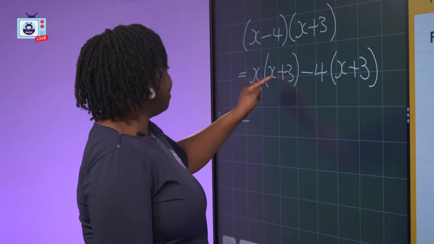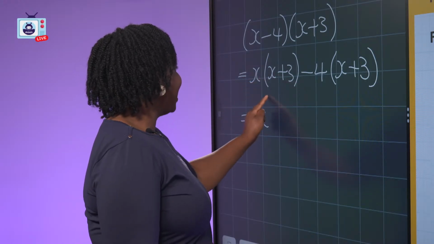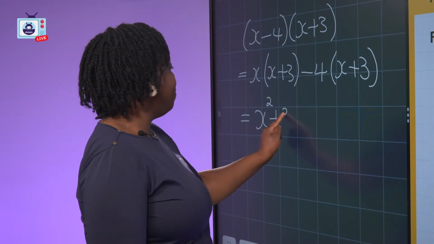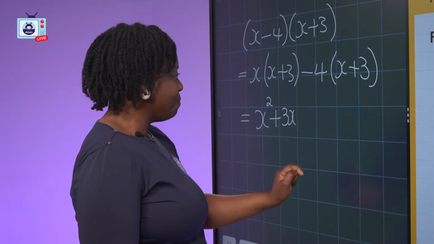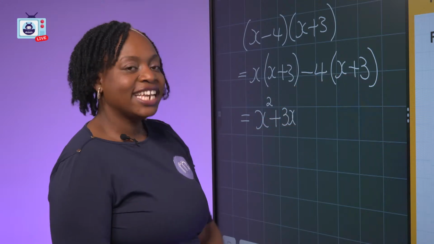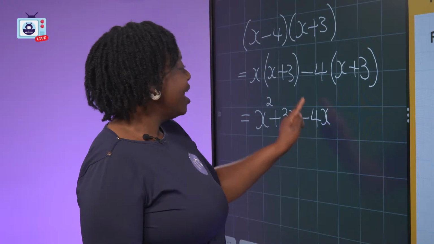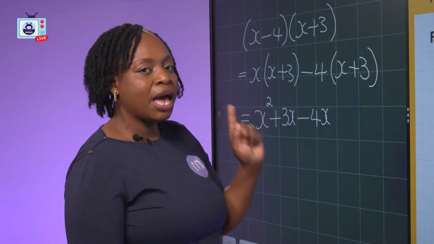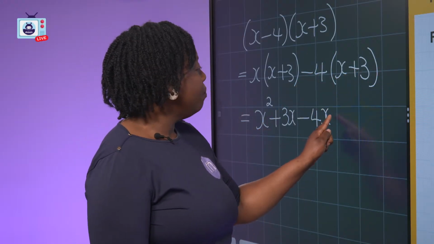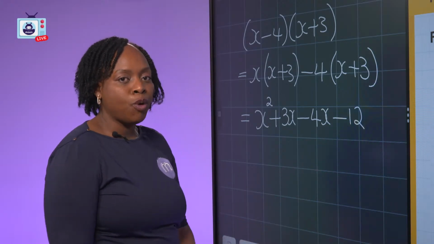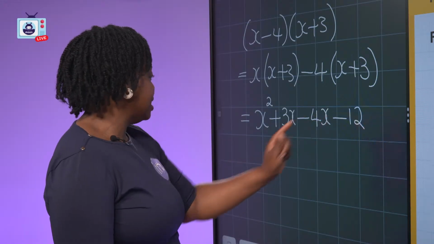So x multiplied by x will be x squared, and x multiplied by 3 will be plus 3x. Then a minus 4 times x will be minus 4x. And minus 4 times plus 3 will be minus 12, because a negative times a positive always gives us a negative.